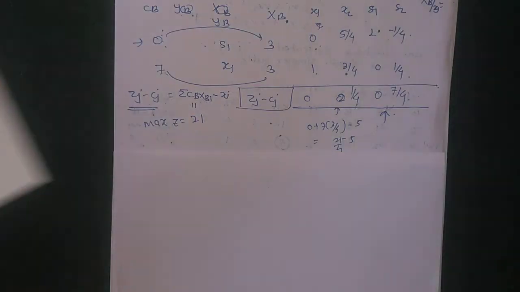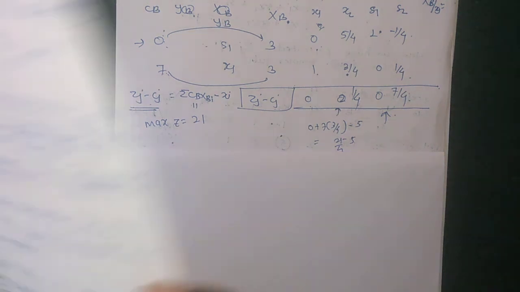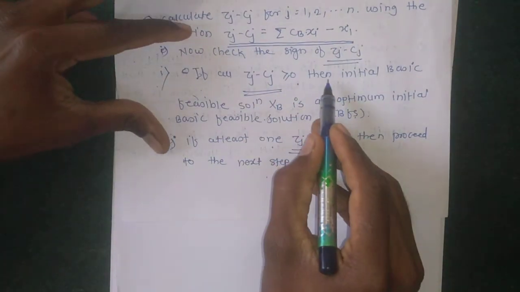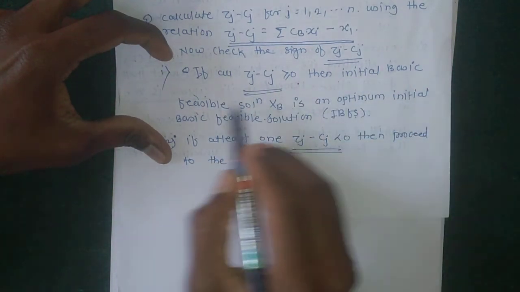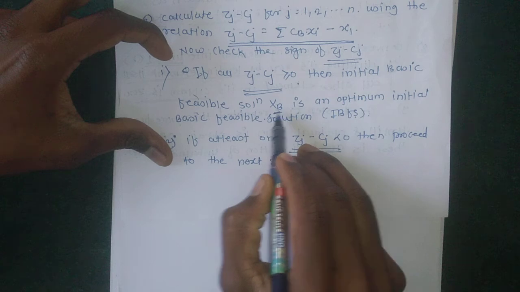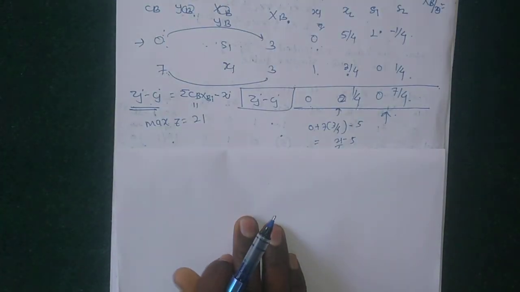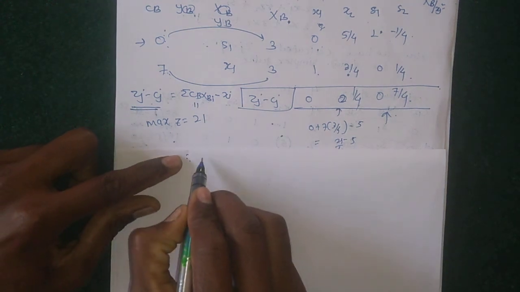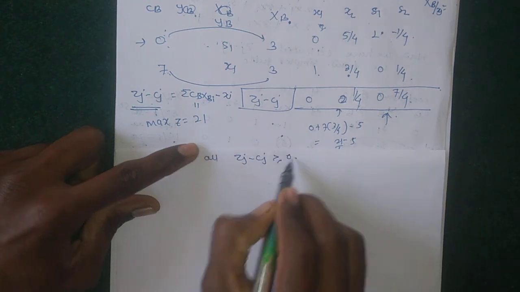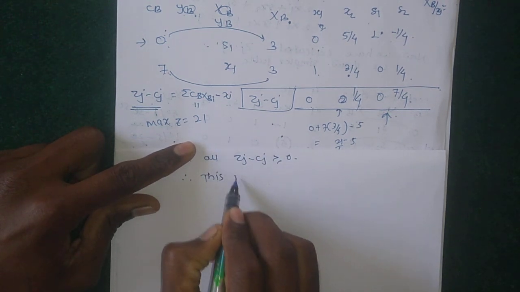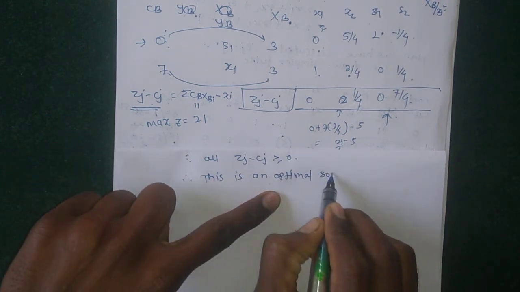Therefore here all zj minus cj are greater equal 0. Okay, so using this, if all zj minus cj are greater equal 0, then xb is an optimal basic feasible solution. So therefore all zj minus cj are greater equal 0, and therefore this is an optimal solution.